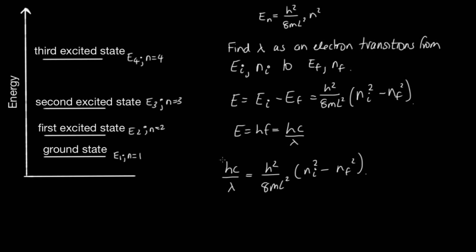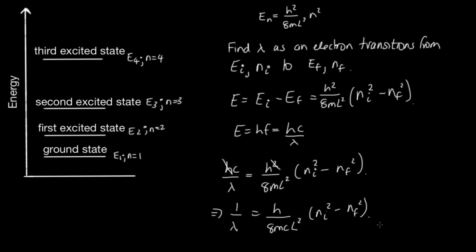Now we're trying to find lambda, so let's cancel off these h's, and then we end up with an expression: 1 on lambda is equal to h over 8mcL squared, times n initial squared minus n final squared. So we can use this expression to calculate the wavelength of the released photon.